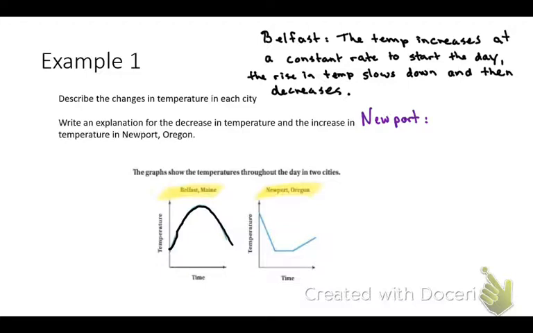What's happening here? Anyone? What do you think? Starts off, and what happens to the temperatures in Newport, Oregon? What, Sabrina? The temperature decreases. That's what I said. The temperature decreases or it drops at a constant rate in the morning at the start of the day.